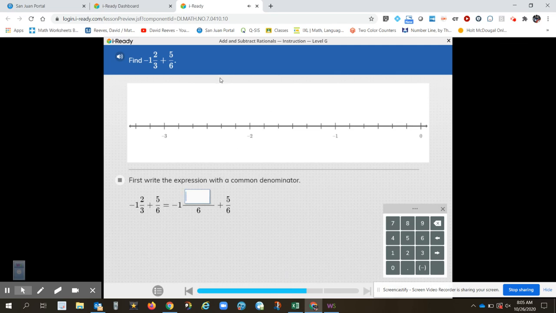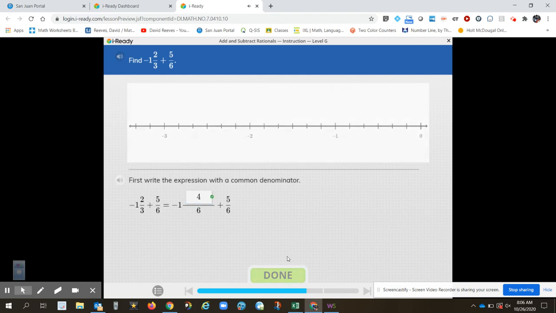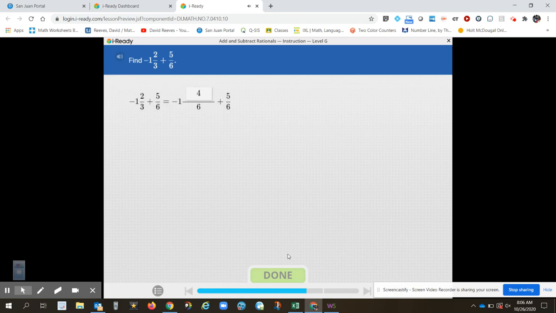Negative 1 and 2/3 plus 5/6. So now they want us to do it with a common denominator. So this is like what we said. 2/3 is equal to 4/6, right? We double them. Double the 3 times 2 to get 6. Double the 2. We did that one. All righty.